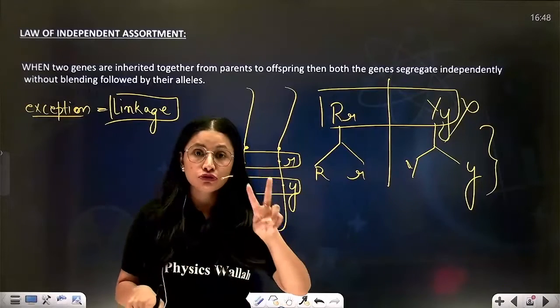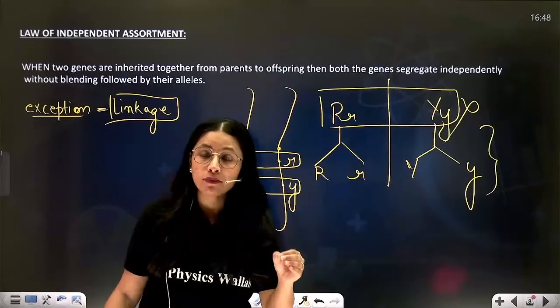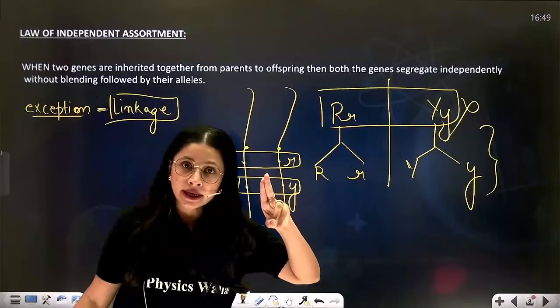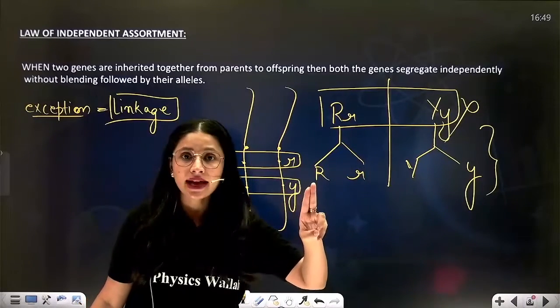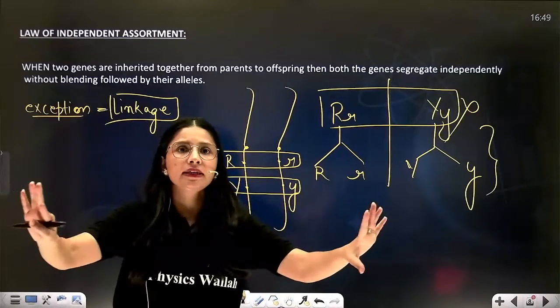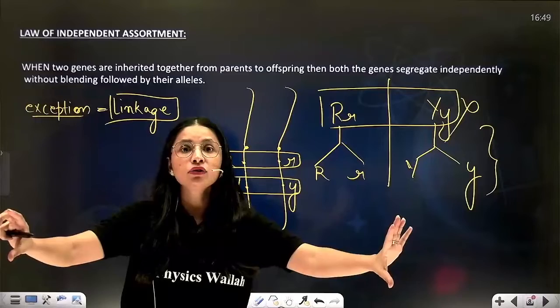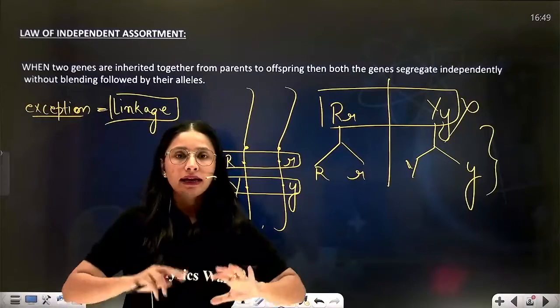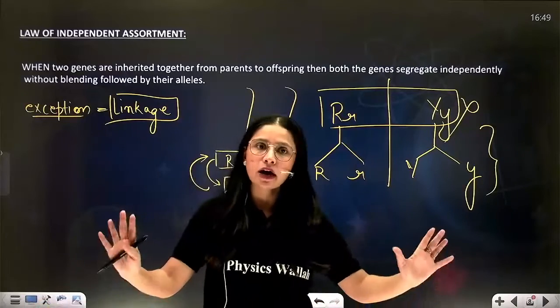This is linkage. Correct? This is called linkage. That means if two genes are present on the same homologous chromosome, they are linked, they are associated, and during gamete formation, they do not separate out properly. They do not separate out without blending. They are going to influence each other. Later their alleles will segregate out, correct.